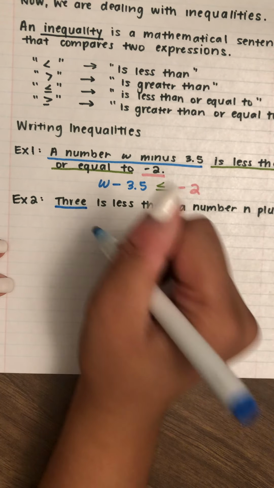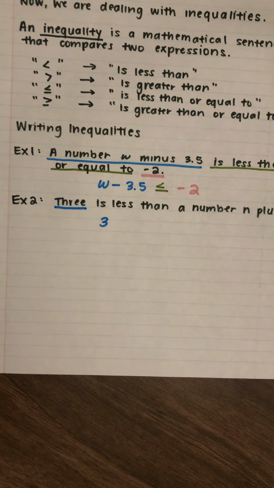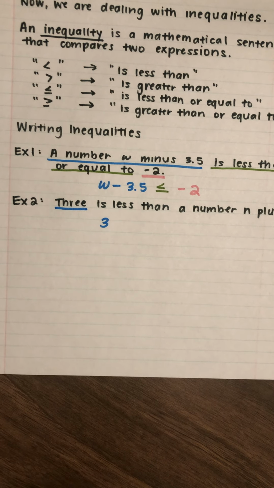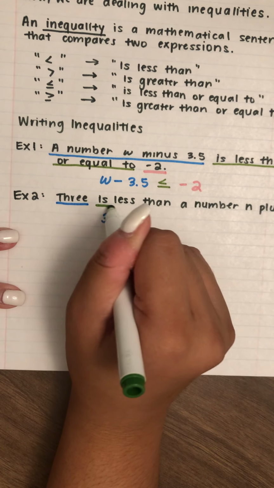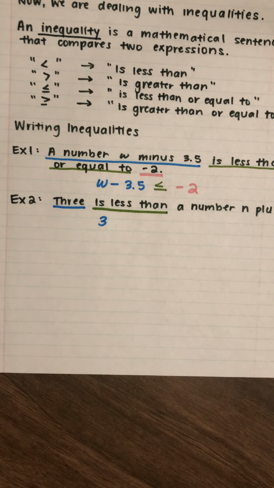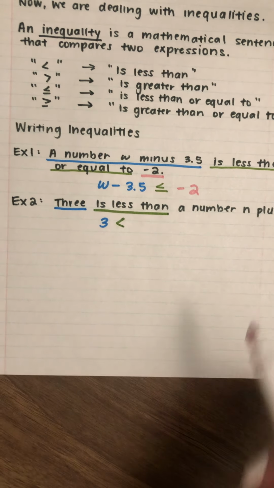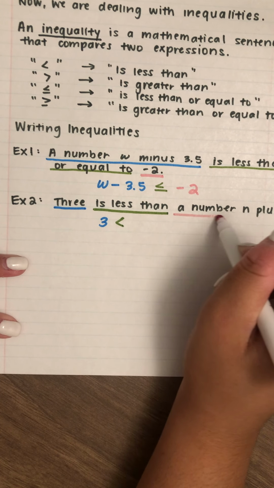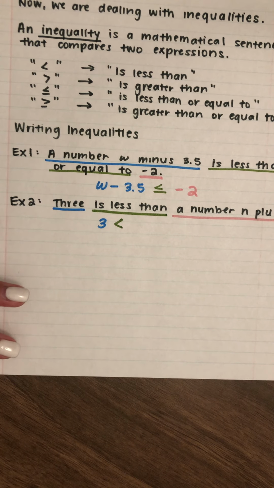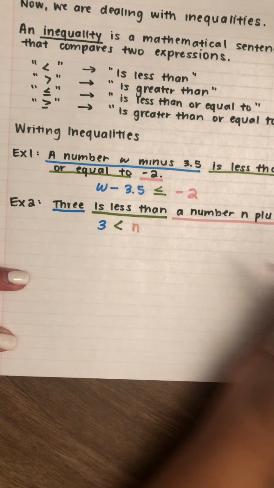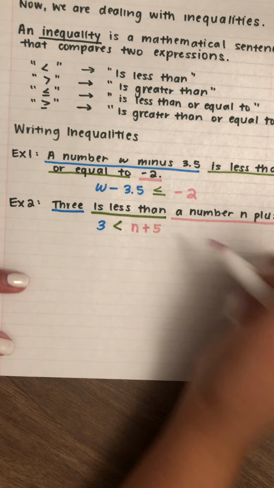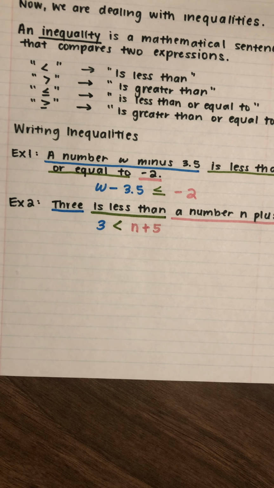So it's telling us that 3, and this part is going to tell us our sign, is less than. And this last part will tell us the rest of our inequality, a number n plus 5. Feel free to pause the video at any time to make sure we are copying down these notes.